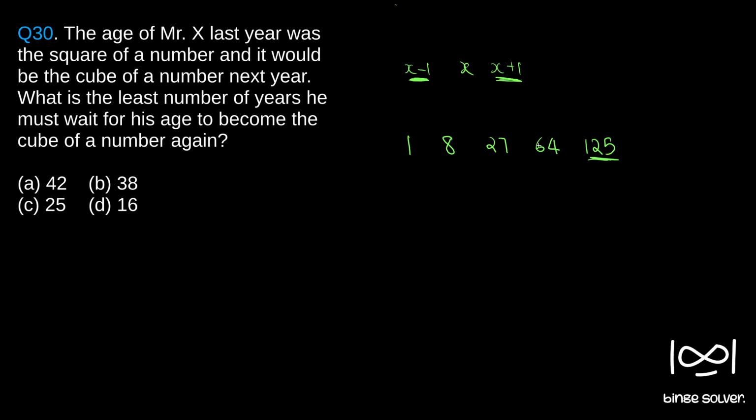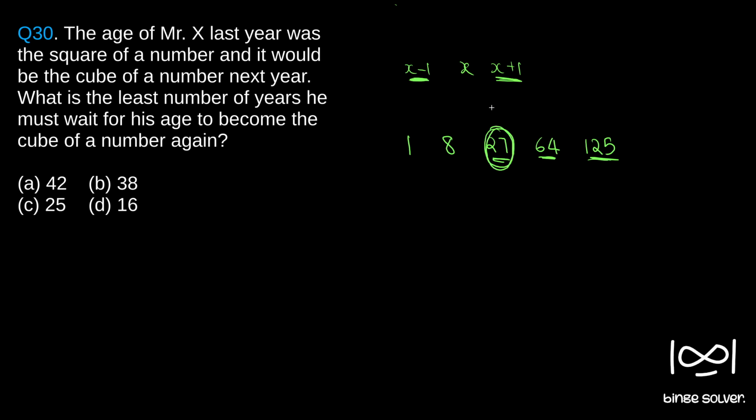If you take 64, 64 minus 2, which is 62, is not a perfect square. So that is not our number. You take 27, 27 minus 2 is 25. 25 is a perfect square. So this is the number we need.